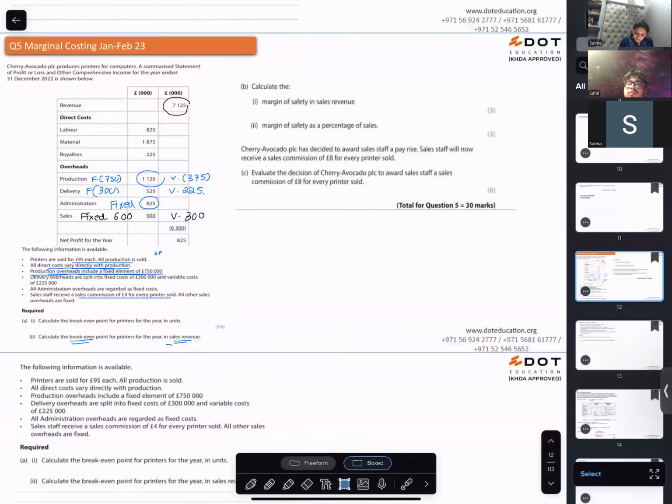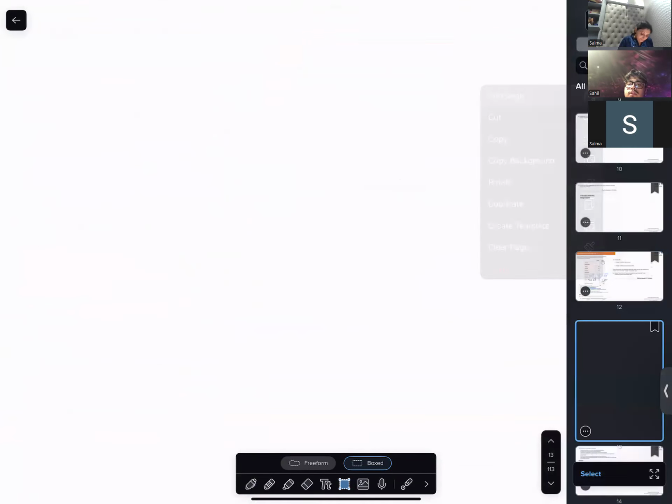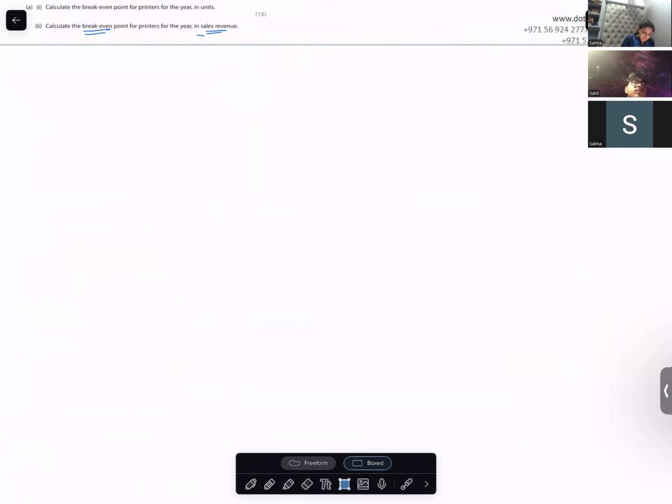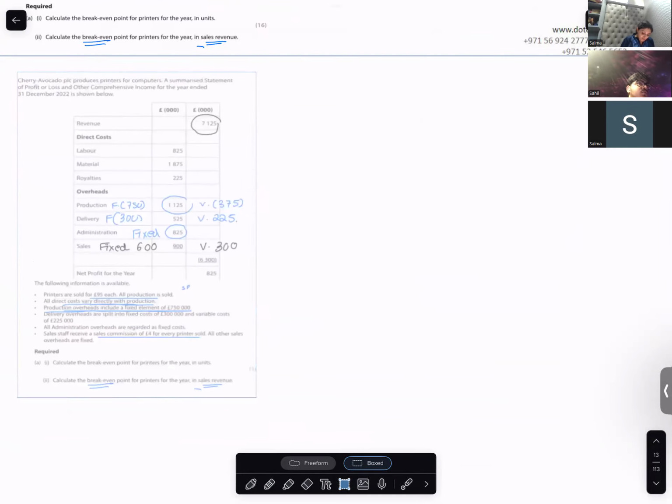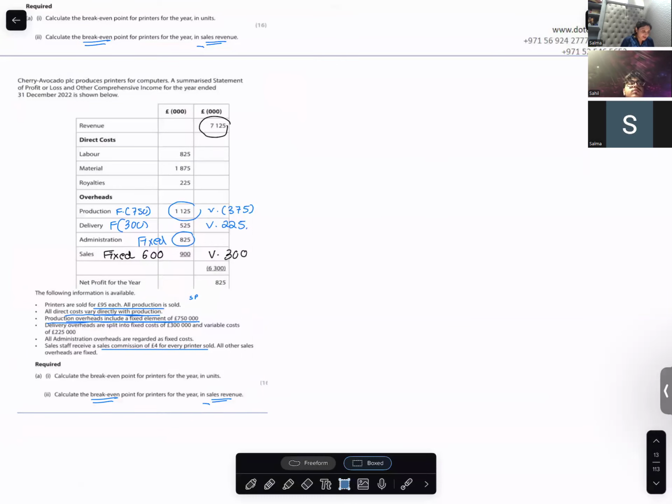What is the formula for break-even point? Fixed cost divided by contribution per unit. So two things I need: the fixed cost and the contribution per unit.